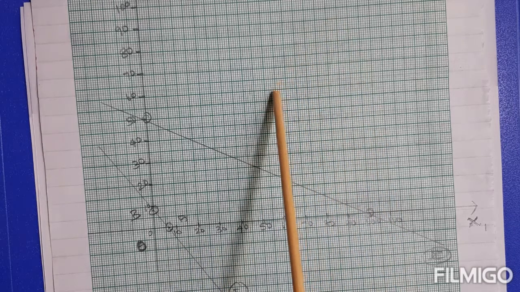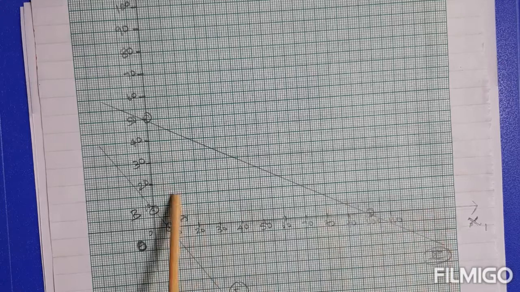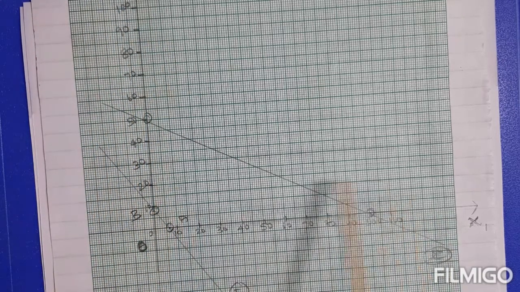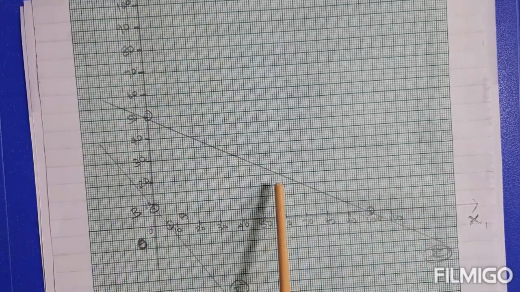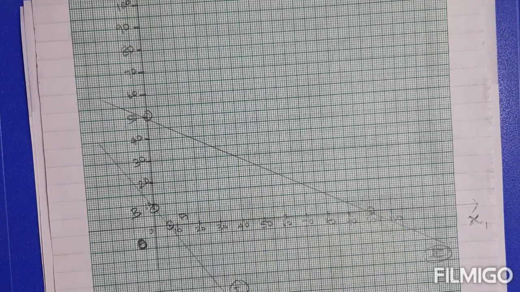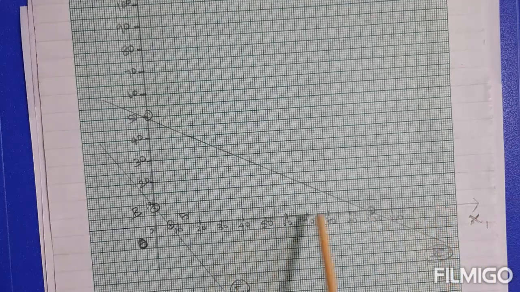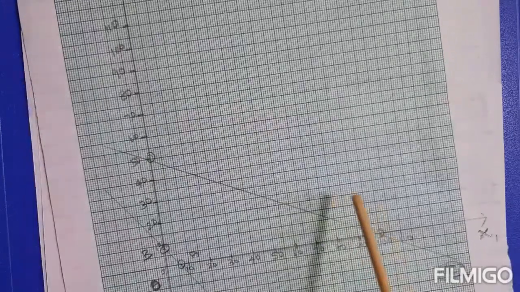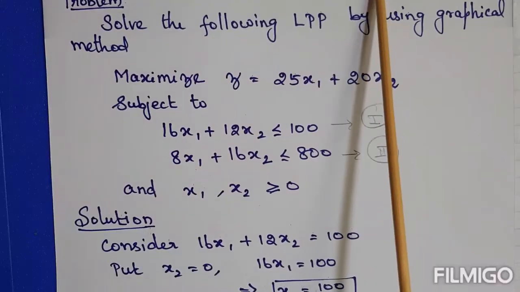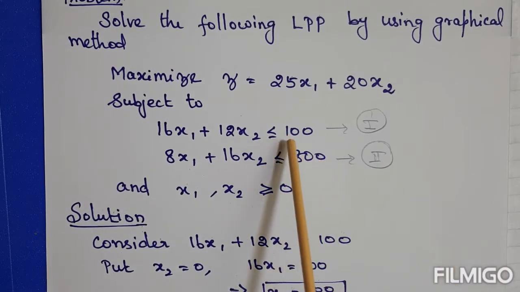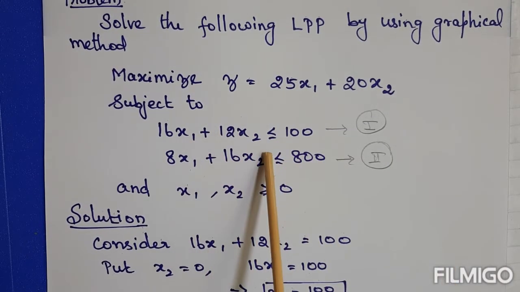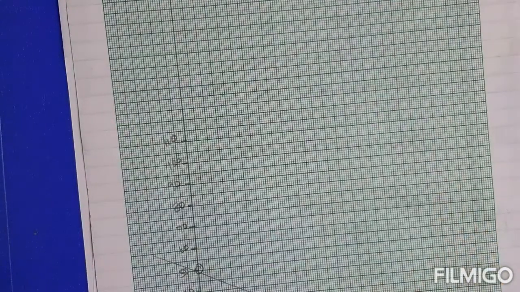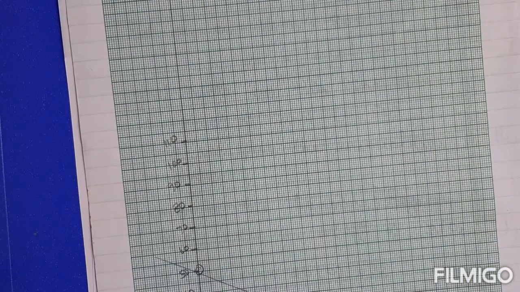That's why we are having the positive sides of the two axes only. Now, we plot those points of equation 1 and 2 because we want to plot these two regions. Here, I plot the first line.